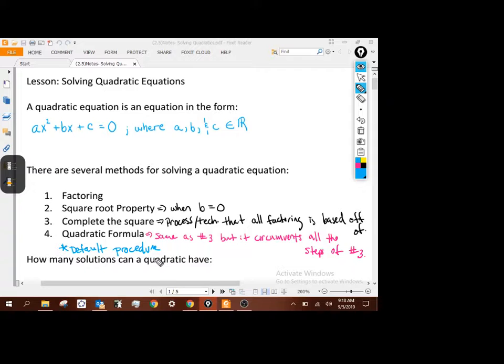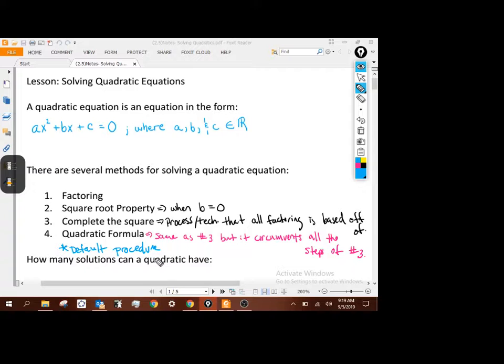That being said, one of our goals in mathematics is to be efficient, especially if we're thinking ACT, 60 questions, 60 minutes. I don't want to be working on a factoring problem using the quadratic formula, chewing up 3, 4, 5 minutes on a problem where I could have used a factoring technique out of number 1 and it took 30 seconds.